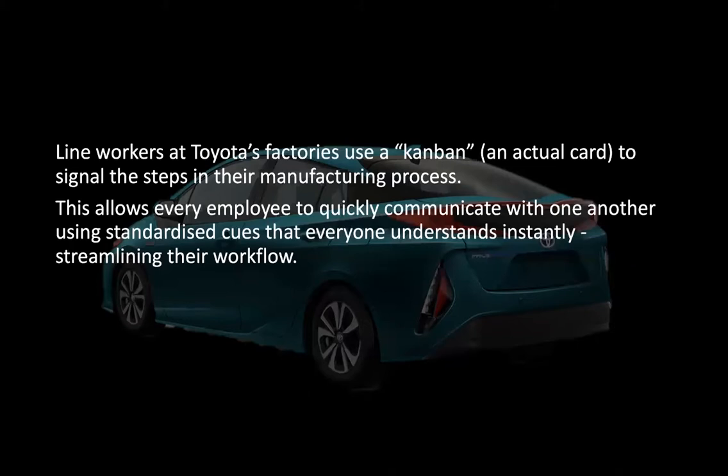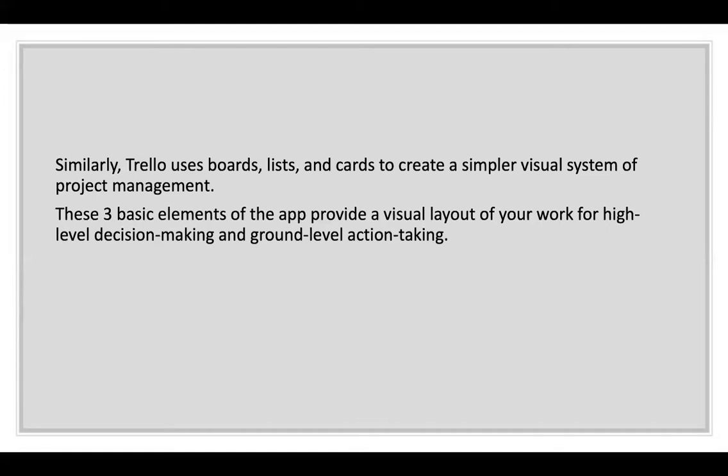So what Trello has done, it has taken this process of Kanban and turned it into a digital tool that you can use to collaborate and work either by yourself or with others to really streamline your workflow and make the whole process quite seamless.